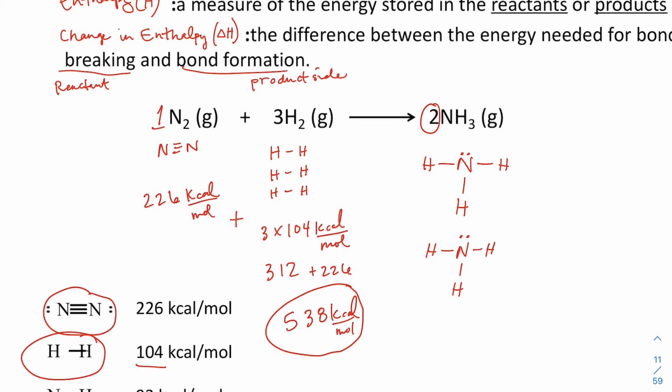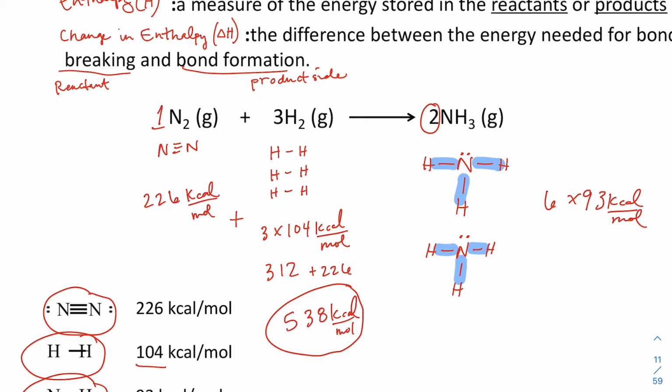And every bond that we form is going to release, since they're all the same bond, all a nitrogen-hydrogen single bond, 93 kcal of energy per mole of that bond. So if you count them all, I'll just highlight them: 1, 2, 3, 4, 5, 6. We're going to form 6 individual bonds, right? So total, the amount of energy released when this reaction happens and this product is formed will be 6 times 93.